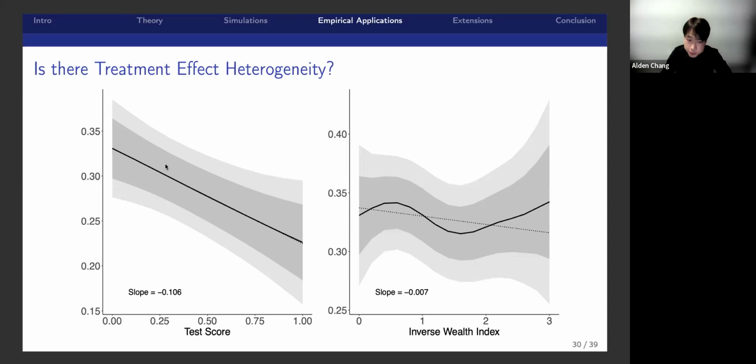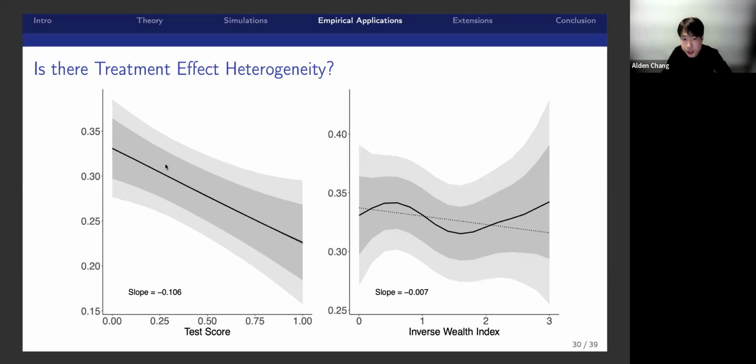And if that applies to this setting, then we might actually expect the direction of the treatment heterogeneity to go in the opposite direction. Because perhaps the highest ability students, whose returns to college are the highest, are really the ones who require the additional financial incentive to enroll in college.